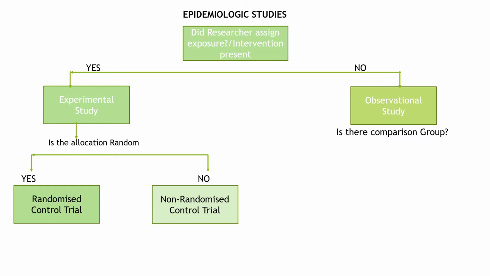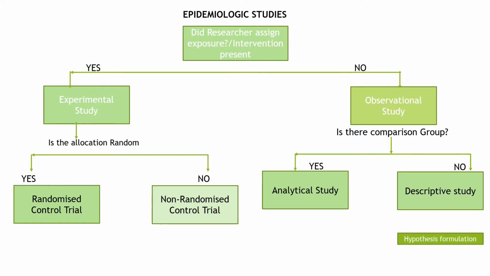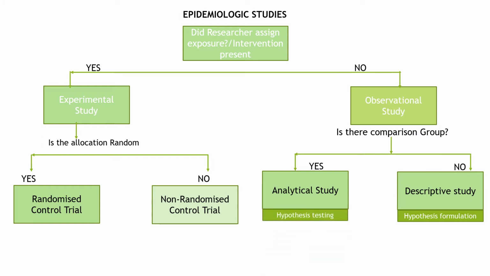In the observational study, if there is a comparison group, then it's an analytical study. If no comparison group, it is a descriptive study. Descriptive study is more about hypothesis formulation, whereas analytical study is about testing the hypothesis.